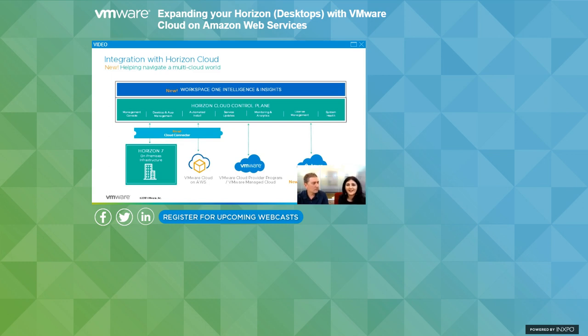So again, you decide which cloud is your preferred cloud, whether it is VMware Cloud and AWS, whether it is a managed cloud from your partner or a different IaaS vendor. You start there, but then you can seamlessly move back and forth no matter how you do it, because the control plane hides that complexity, but it is going back to consuming desktops and applications as a service on VMware Cloud and AWS.